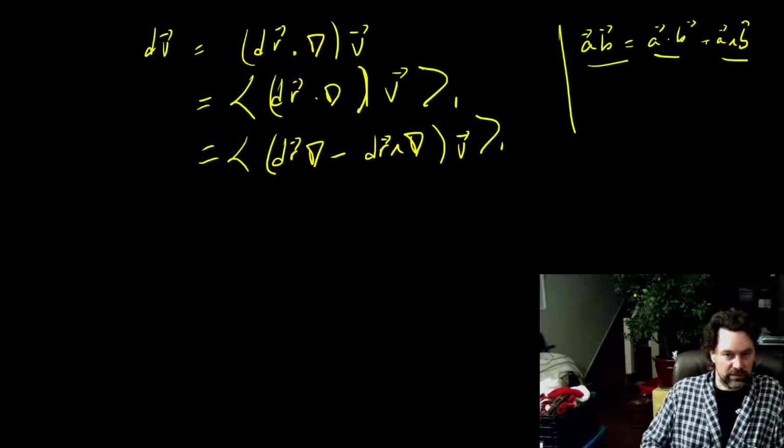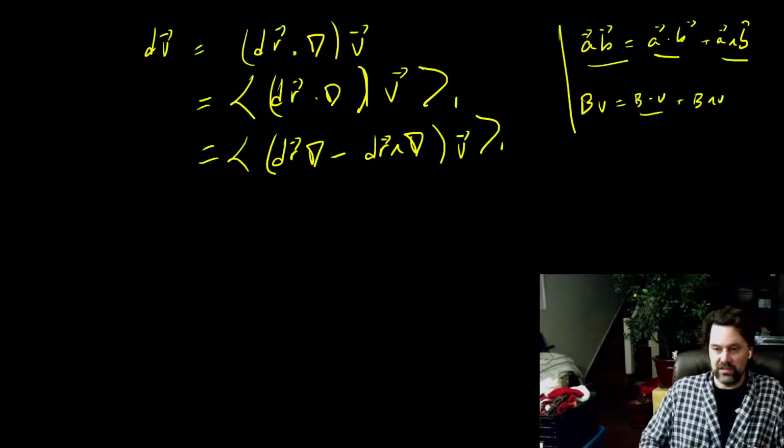So now we can look at these terms here. We have a bivector times a vector. When we multiply a bivector by a vector, we end up with one vector component and one trivector component, and we're filtering out only the vector components, so the trivector component vanishes. When we have, let's say, bivector b times v, that's b dotted with v plus b wedge v; this is the vector component, this is the trivector component.